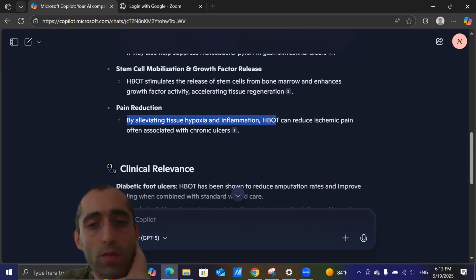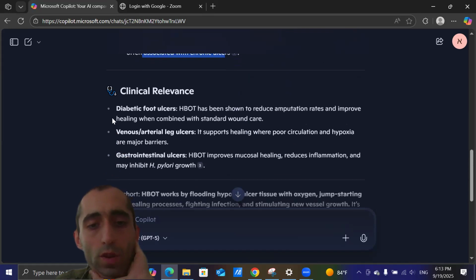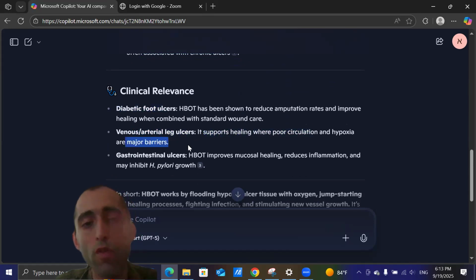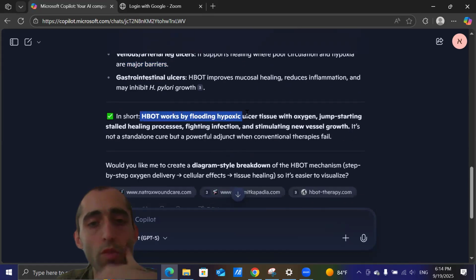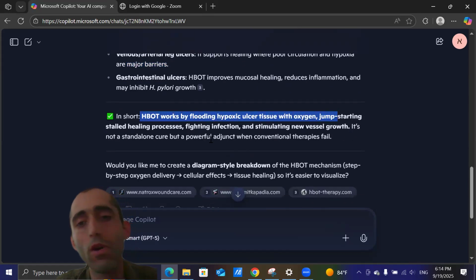HBOT can reduce ischemic pain, often associated with chronic ulcers. Okay, diabetic foot, we talked about it. Where there are leg ulcers, support healing with poor circulation, hypoxia is a major barrier. We talked about the VEGF and angiogenesis. HBOT works by flooding hypoxic ulcer tissue with oxygen that kick-starts the healing process, fights infection, and stimulates new vessel growth.